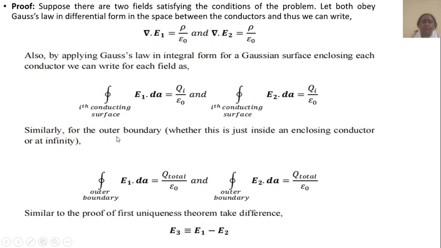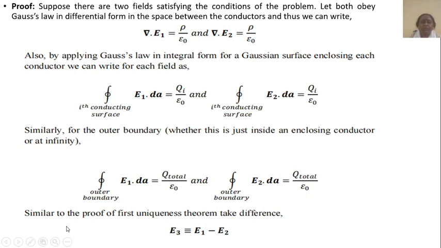Similarly for the outer boundary, whether this is just inside an enclosing conductor or at infinity, the closed integral over the outer boundary of E1 dot dA equals Q total upon epsilon 0, and the closed integral over the outer boundary of E2 dot dA equals Q total upon epsilon 0.